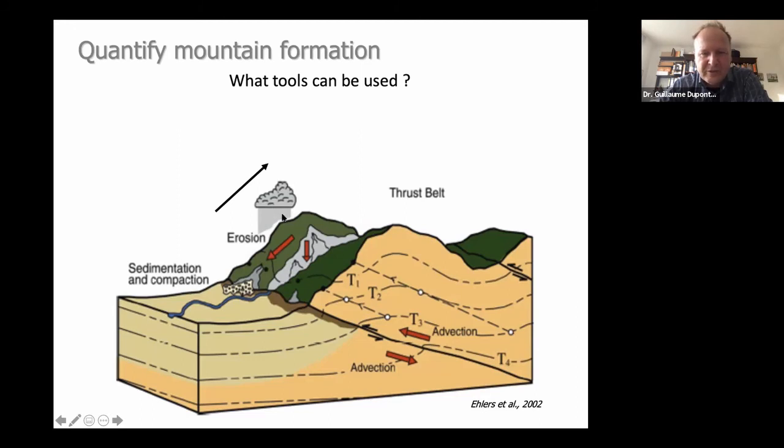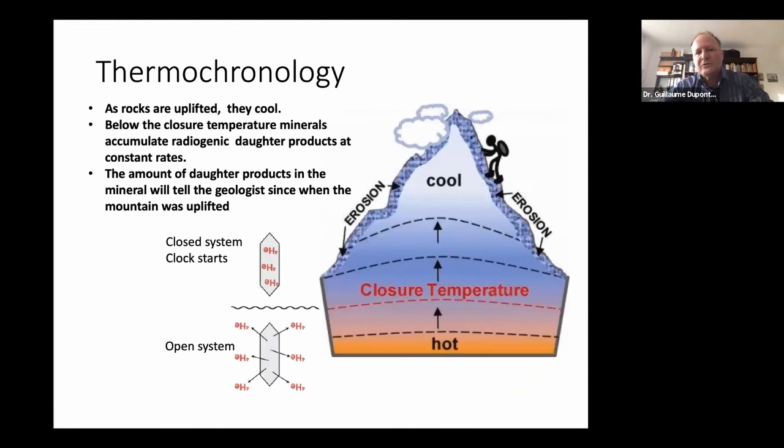And this signature gets preserved in the rocks, and you can actually measure that. This can give you an idea of the past topography of the Earth. Okay, and this will be covered in following lectures. It's just now to give you an introduction.